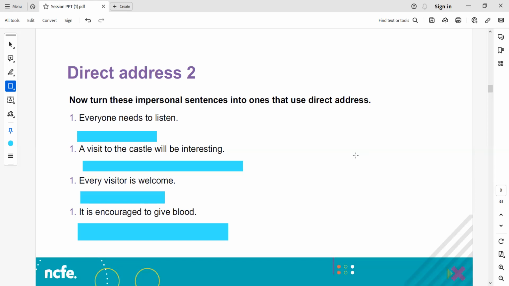So we need to change the word everyone to what? Can you say, like, you need to listen? Excellent. That's exactly right. So it is quite simple, but it does have a big impact. Thank you. So you need to listen. Good. The next one. A visit to the castle will be interesting. So how could we change that?